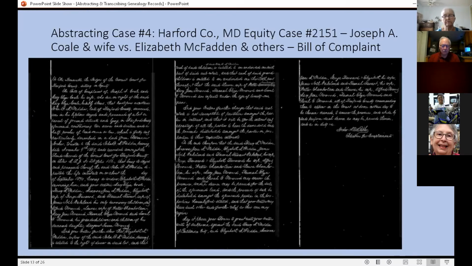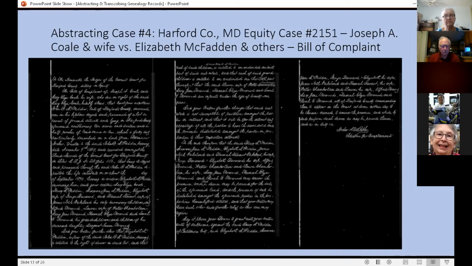And what I'm showing here is basically the bill of complaint, all the parties involved. Now, even though that record went for 54 pages, this document alone within that case basically names everyone involved.